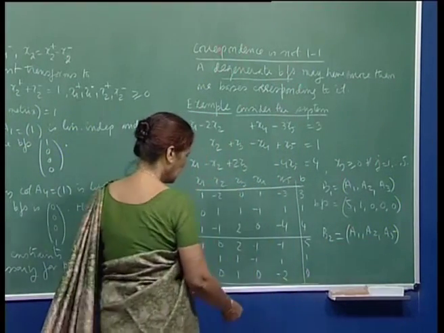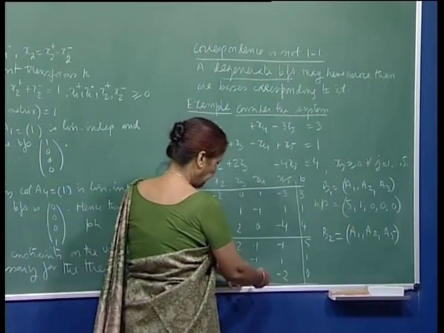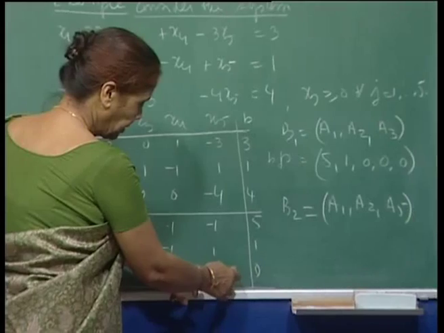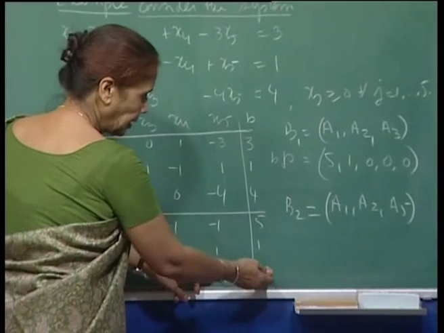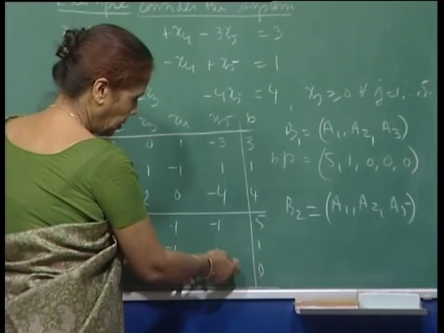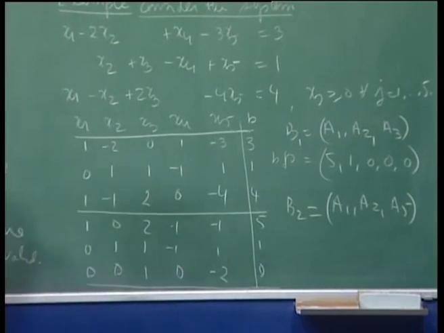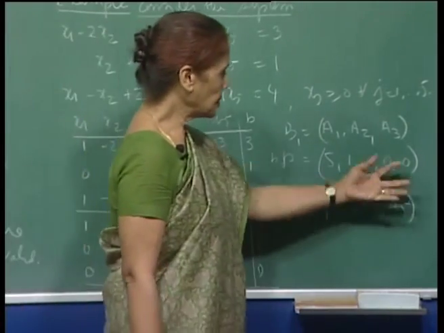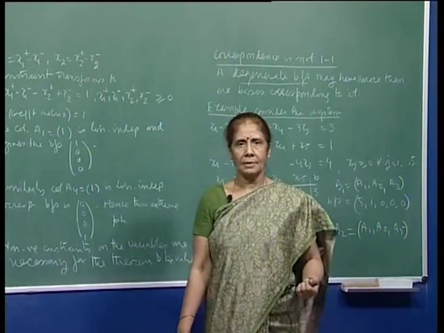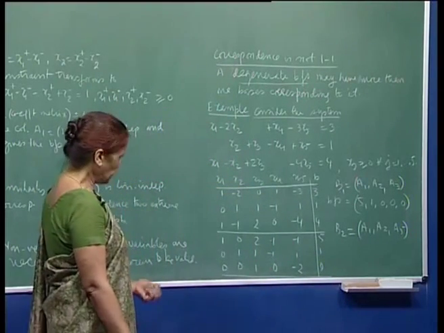And see, because there is a 0 here, even when you pivot on this, you will divide by -2, so it becomes a 1. This will not change, and again when you make zeros here, these numbers will also not change. So, I am trying to show you that when you have a degenerate basic feasible solution, there is not a unique basis which corresponds to the basic feasible solution.